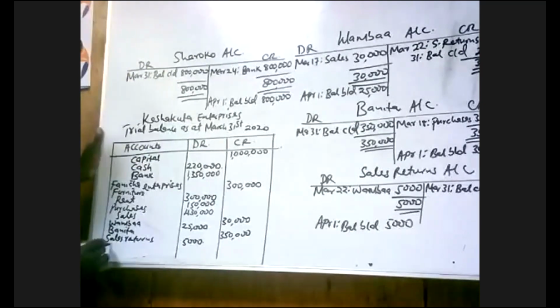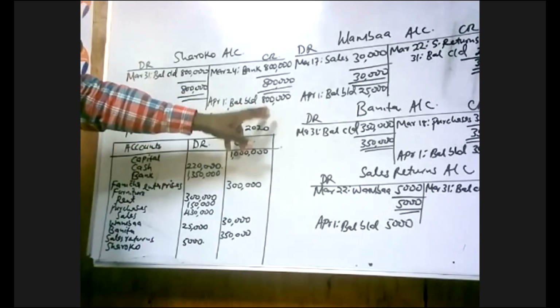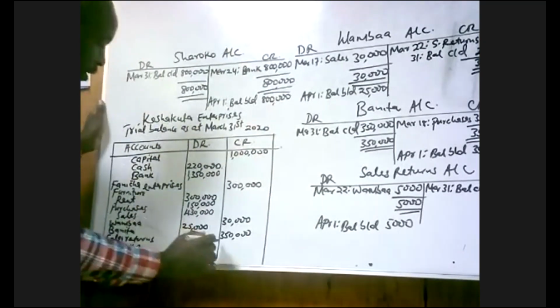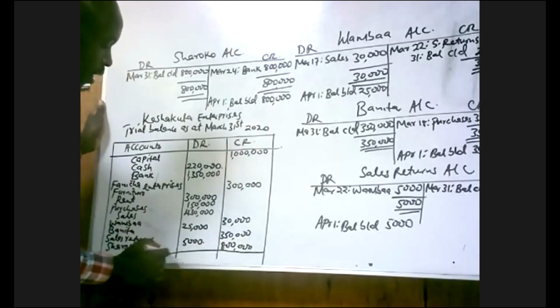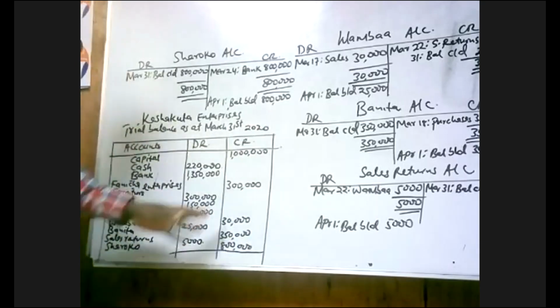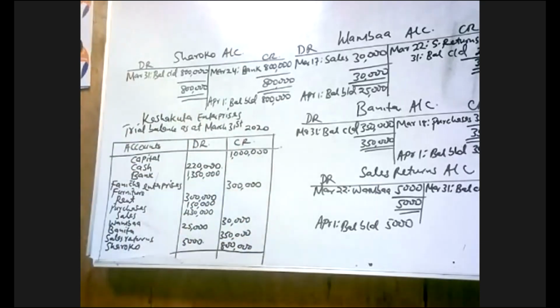Sharoko, the balance is 800,000 on the credit. Can you try to add the two columns? The total on the credit, the total on the debit.